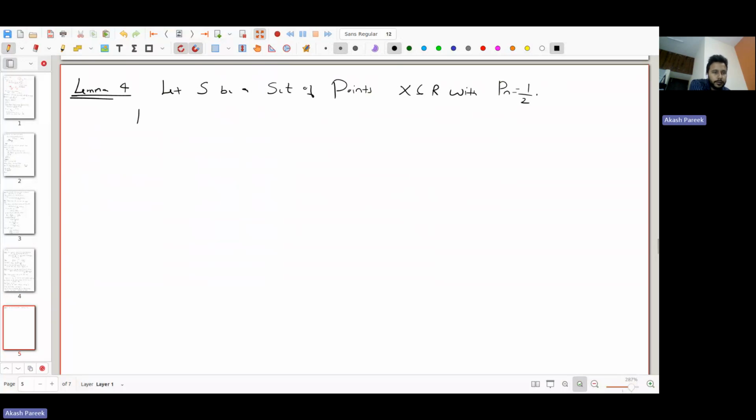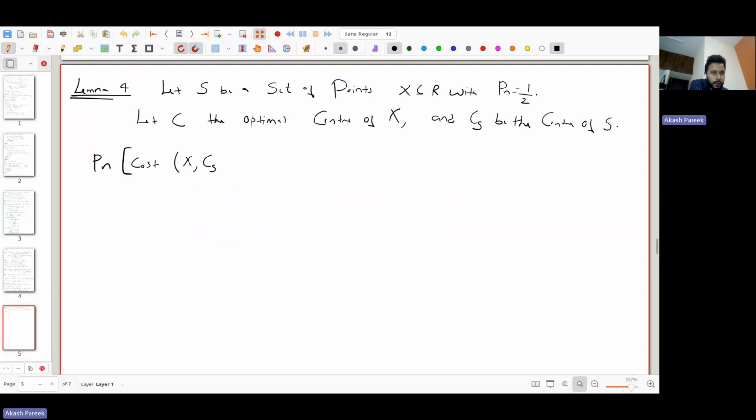Let C be the optimal center of X, and CS be the center of S. Then the probability that the cost of X on CS is greater than 1 plus alpha times the cost of X on C is very, very small.